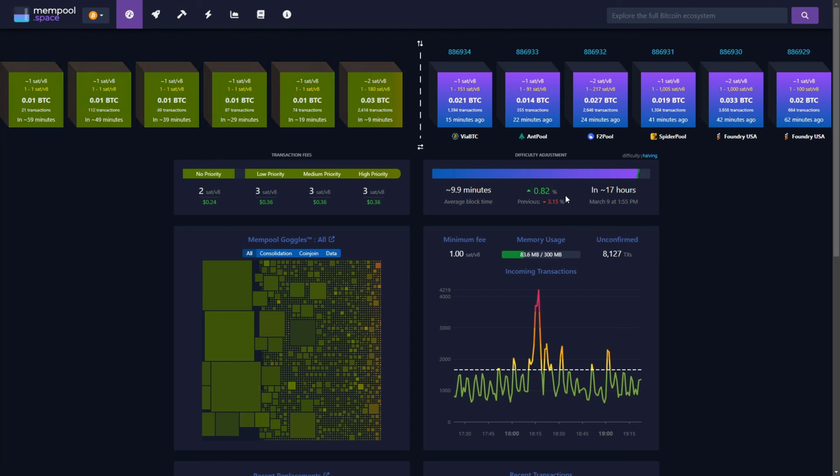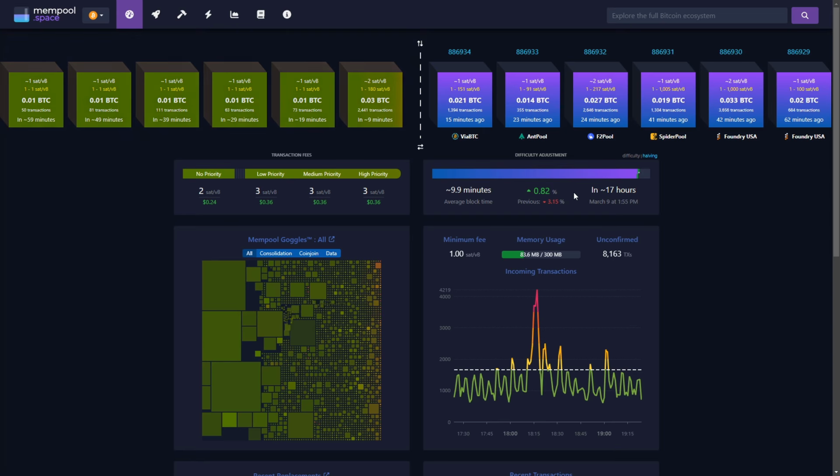So you can see right here that for this specific 2-week period, there has been a 0.82% increase in the difficulty, meaning that miners are finding blocks slightly faster than 10 minutes. And because they're finding blocks faster than 10 minutes, it's going to become 0.82% more difficult to find blocks in the next 2-week period.